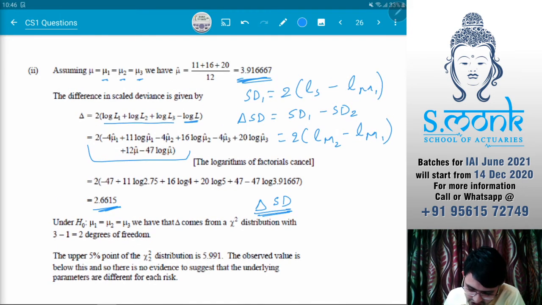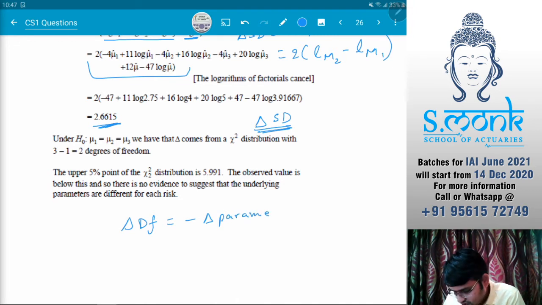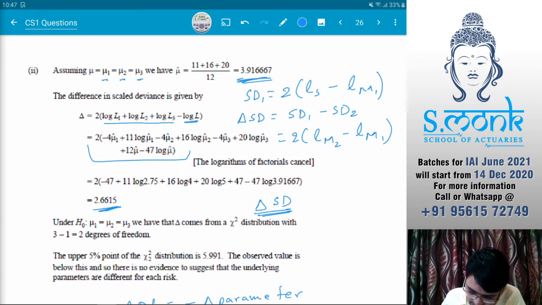What about the change in degree of freedom? Change in degree of freedom is always minus the change in parameters. Even though we do not know the maximum number of parameters, we can find the change in degree of freedom. Model 2 had 3 parameters, and model 1 had only one parameter, mu.